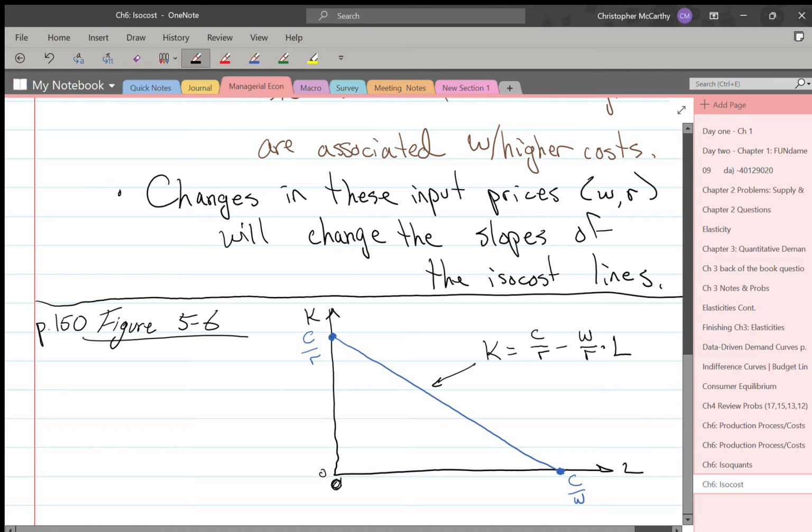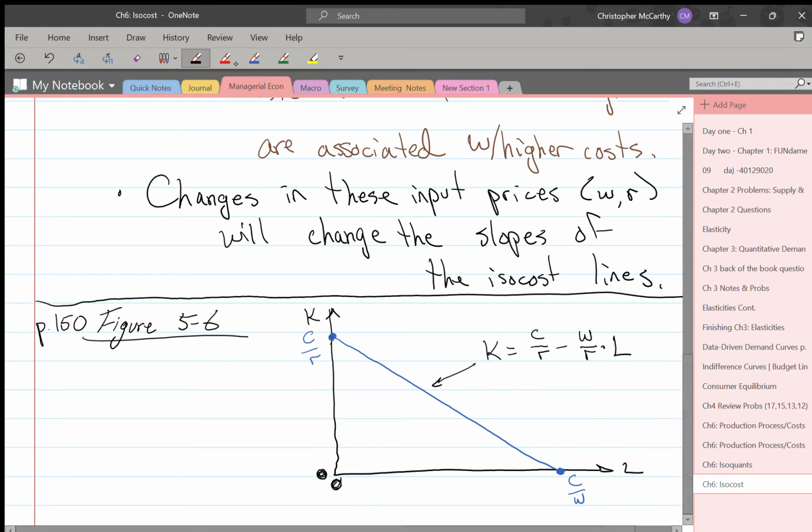The origin point is 0, 0. So when I'm up here, I'm only using capital and 0 labor. Then it's just my total cost budget divided by the rental rate of capital. Over here, same kind of thing with labor: I'm using 0 capital, so it's just my total cost budget divided by W.